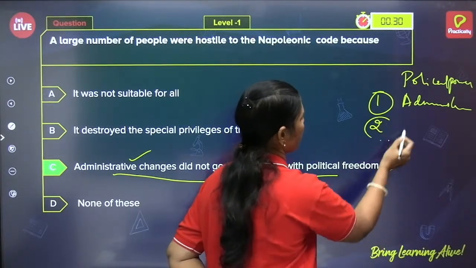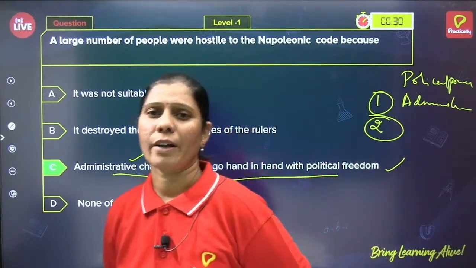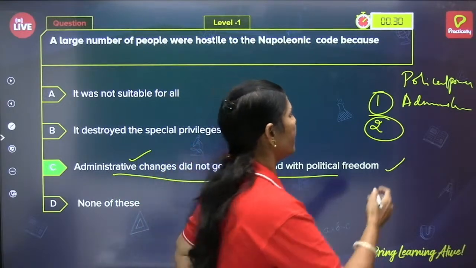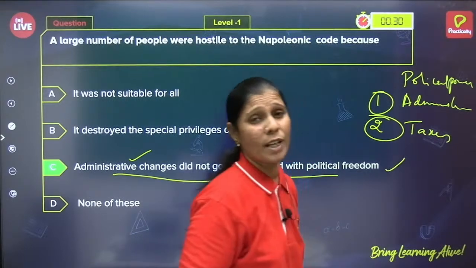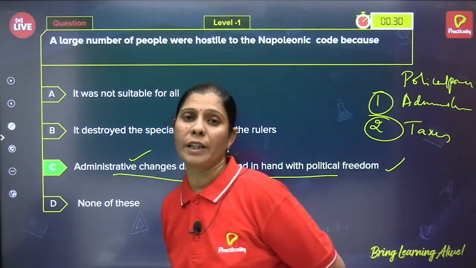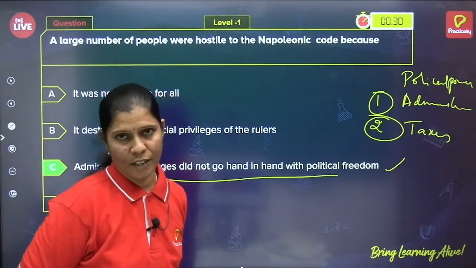The second thing is economic. Economically also there is a drawback. Especially he introduced more taxes. Once taxation increased, it definitely became a burden to the common people. So the second reason is taxation.